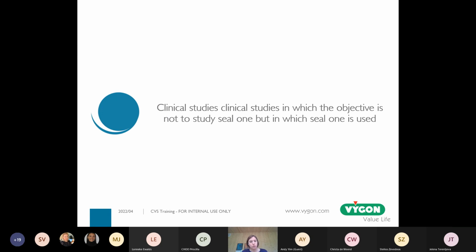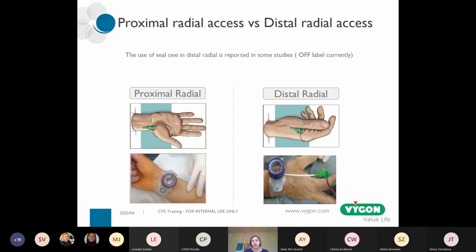Then we have 2 studies from last year. I have to explain to you regarding the radial access. I explained that you can have the femoral access and the radial access. And in this study, SIL1 is used on the distal radial access.